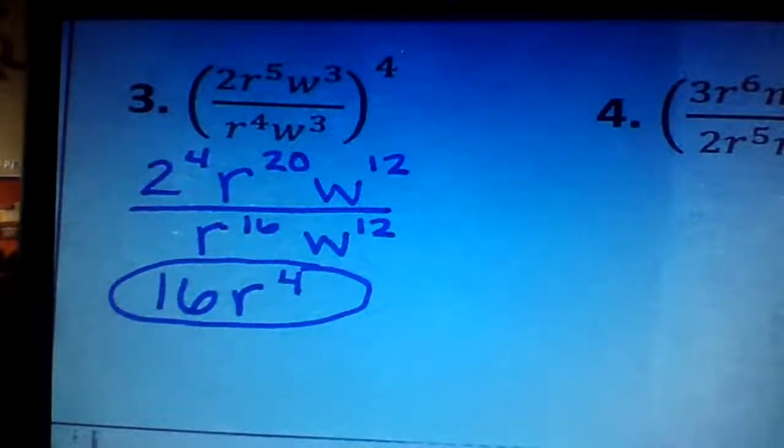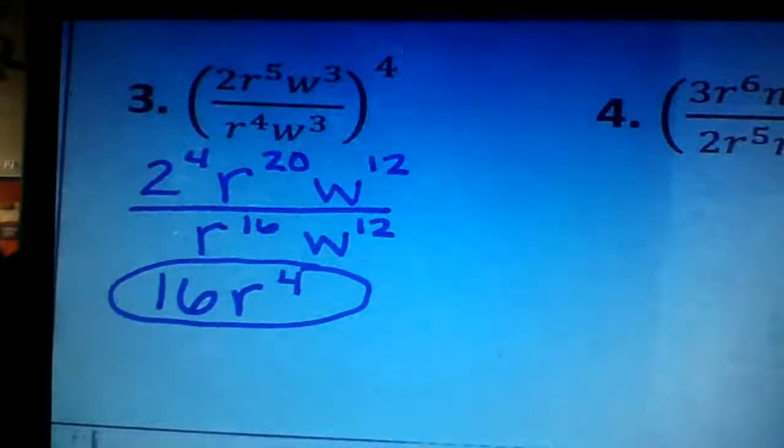Brenda, were you trying to reduce in the parentheses first? You can do that. Okay, so Brenda took a different approach to this, and there is no rule saying that you can't. What Brenda did was she tried to reduce what's in the parentheses first. So, she kept the 2. She said r to the 5th over r to the 4th is r.